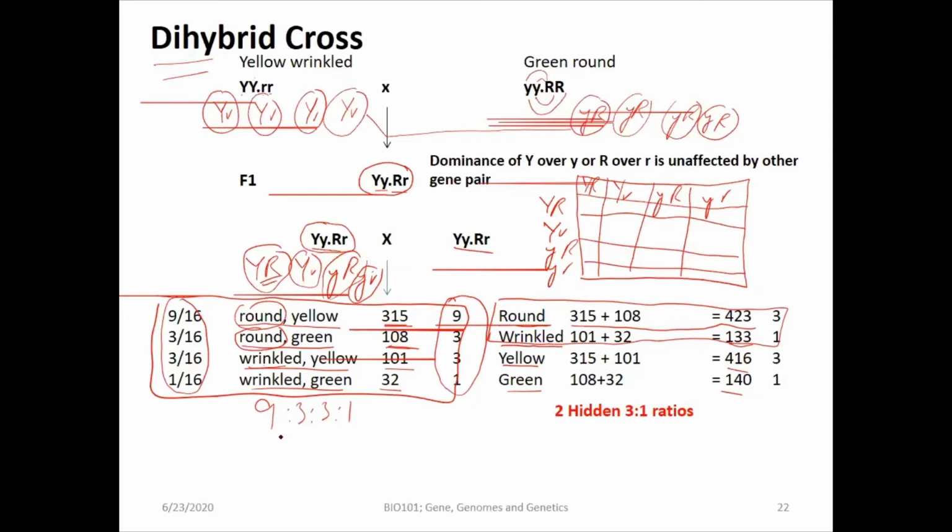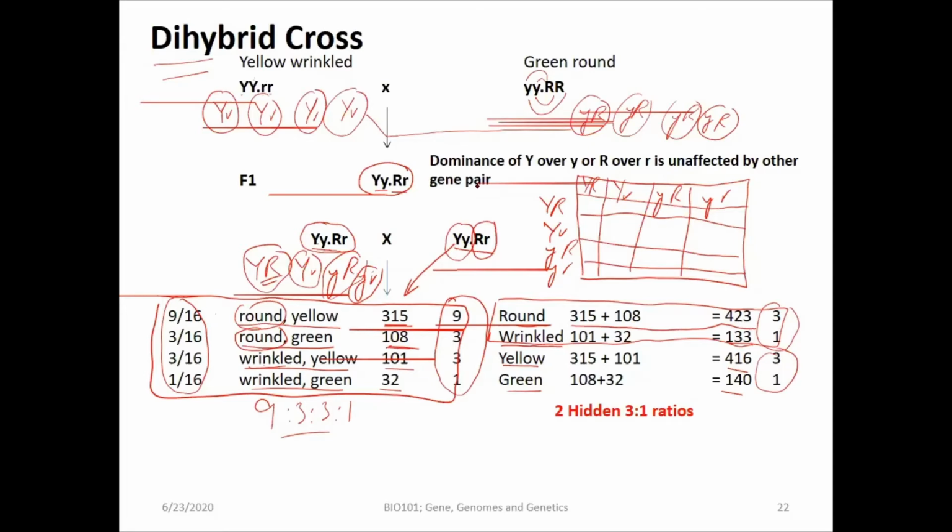Underlying 9:3:3:1, he discovered that round versus wrinkled and yellow versus green have independent 3:1 ratios that are fully preserved, which means when you are going from parents to the offspring, from here to the next progeny, the two different genes don't interfere with the inheritance of each other.